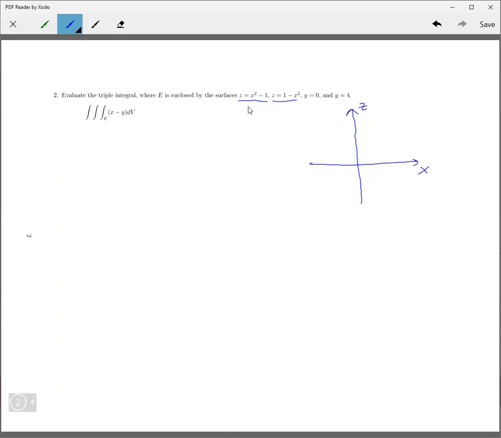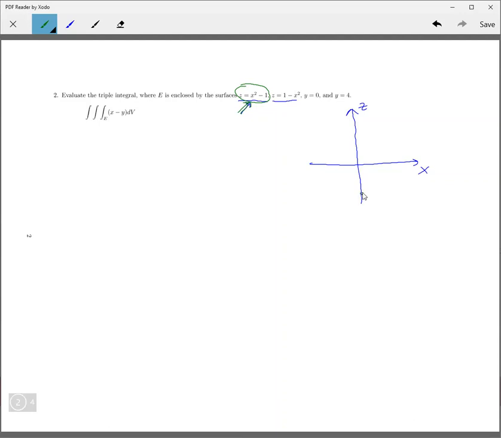Okay, so what is this graph going to be right here? Let's make that one green. This one here, z equals x squared minus 1. Okay, yeah, that's a parabola. And where's the vertex? -1.